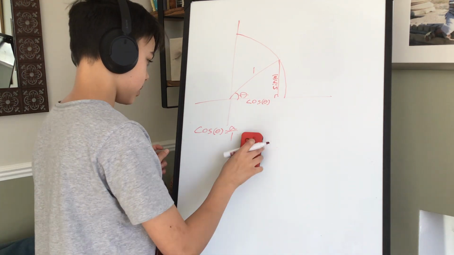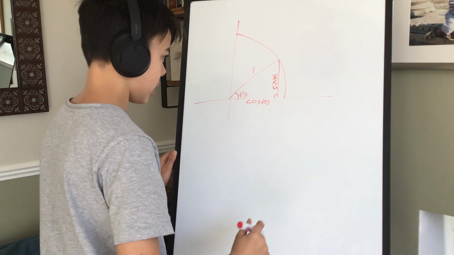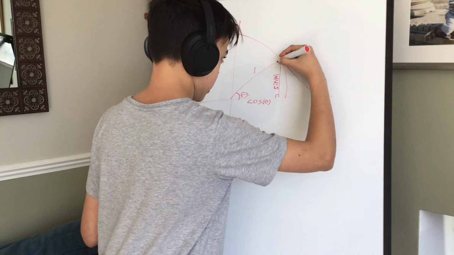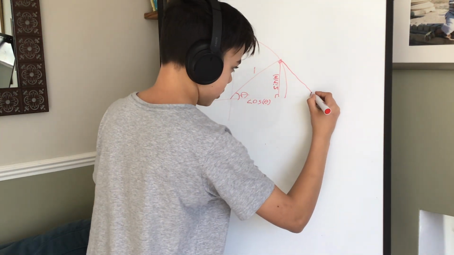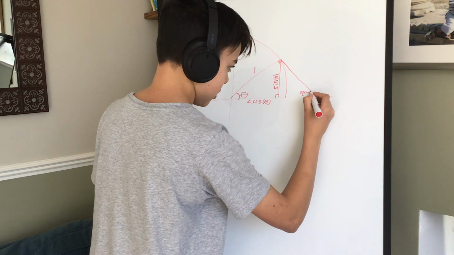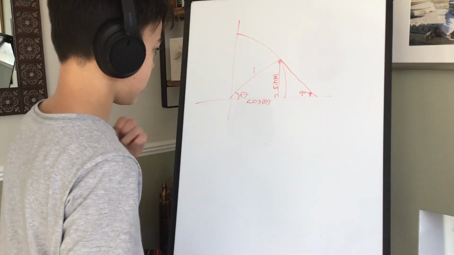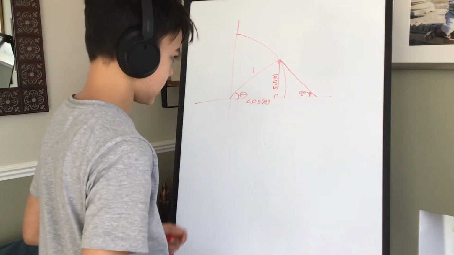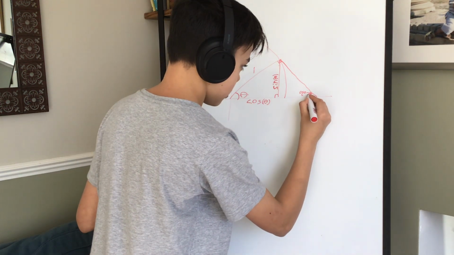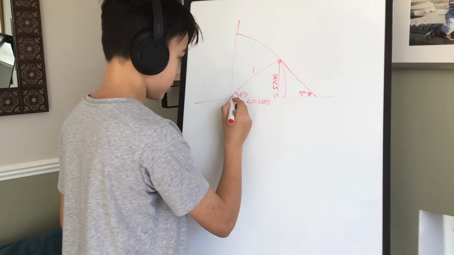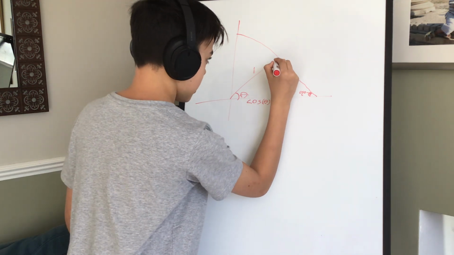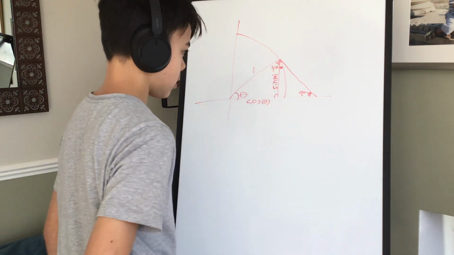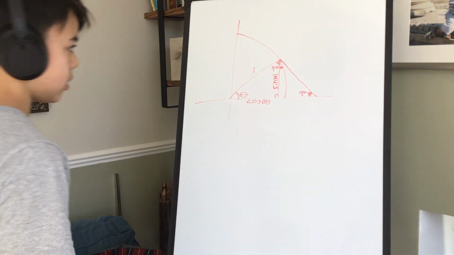Okay, now we're going to find the tangent. So let's draw a line right here that's perpendicular to the radius. Now this angle here is 90 minus theta. You can see that because they have to add up to 180, right? So in this big triangle we've got theta, 90 and 90 minus theta. In this smaller triangle we've got theta, 90, and this would be 90 minus theta. So these two triangles are similar.